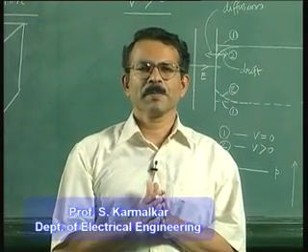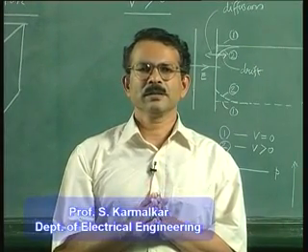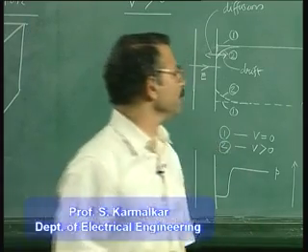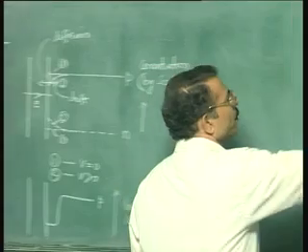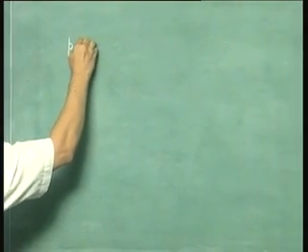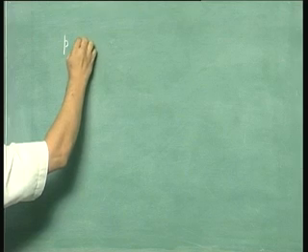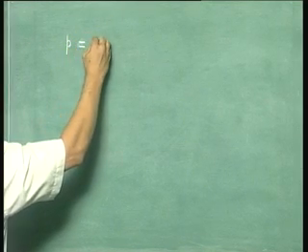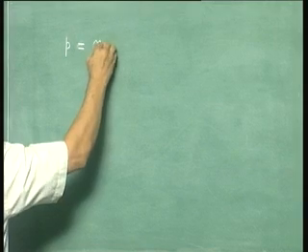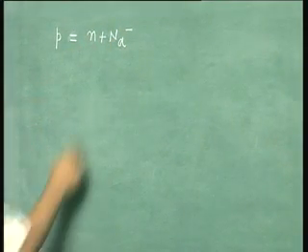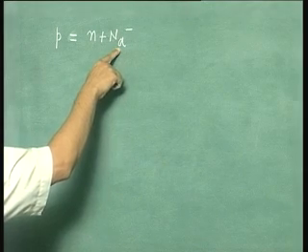You know that in a p-type semiconductor in which there is no charge, the charge balance equation is given by P plus, the hole concentration, that is positive charge, is equal to the negative charge, that is N plus Na minus, where Na minus represents ionized impurity concentration.